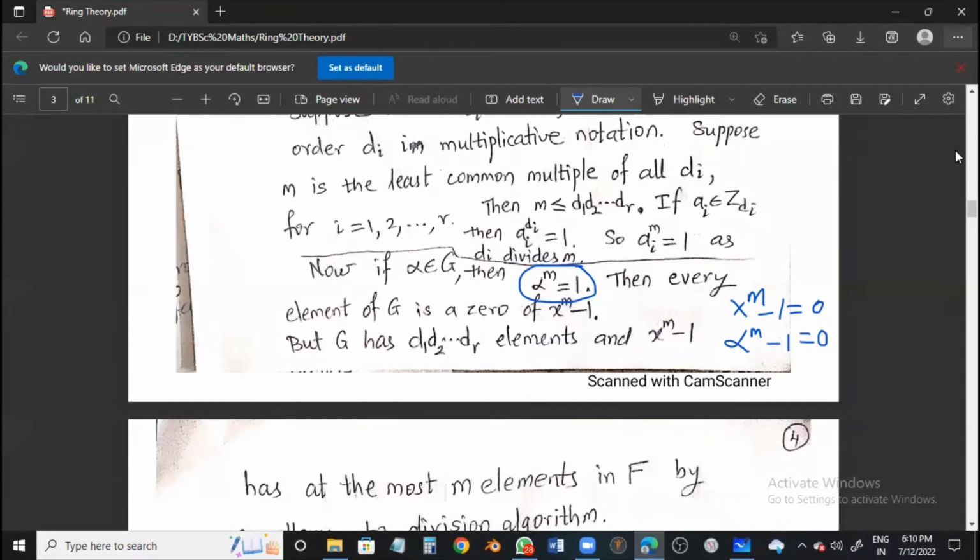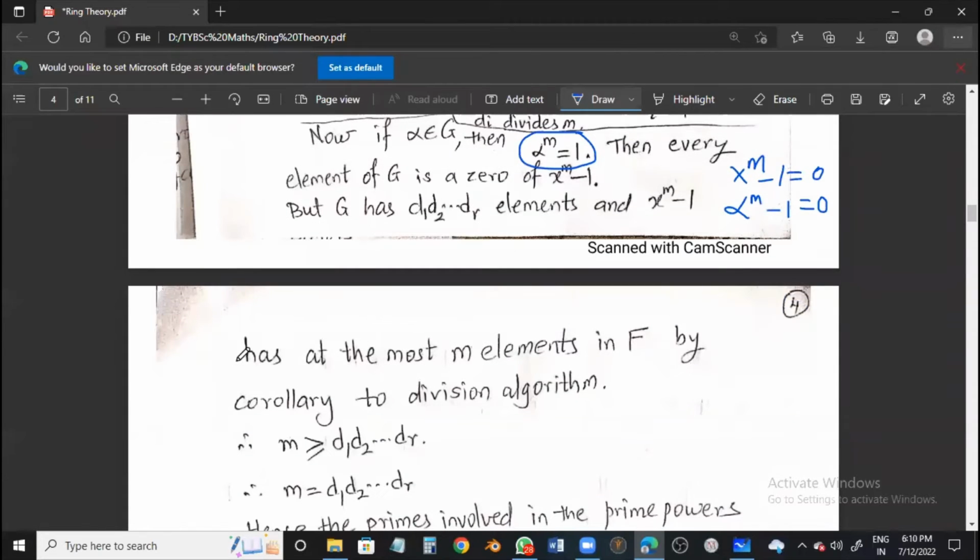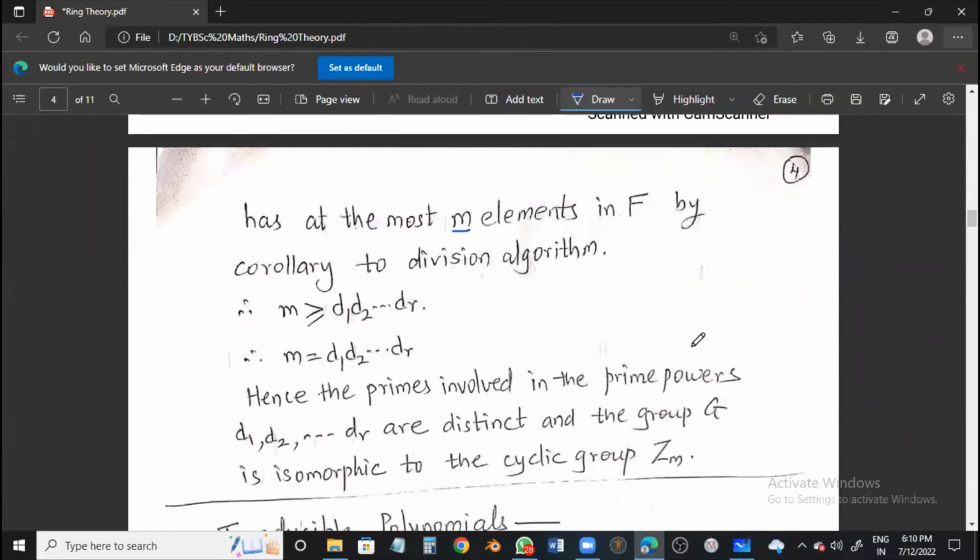Now, what is happening? G has D1. How many elements are there in G? This product, because these many elements are with us: D1, D2, D3, and so on up to DR. These many elements are there. So what will happen? It will have at most M elements because their LCM is M. So it will have at most M elements in F. And how is your M?